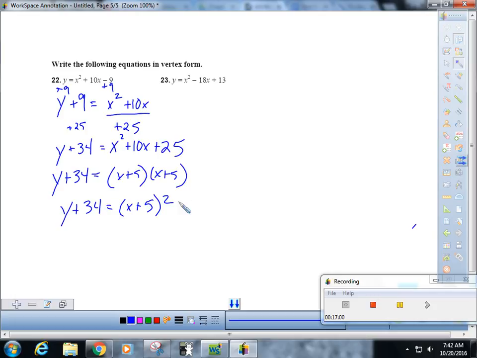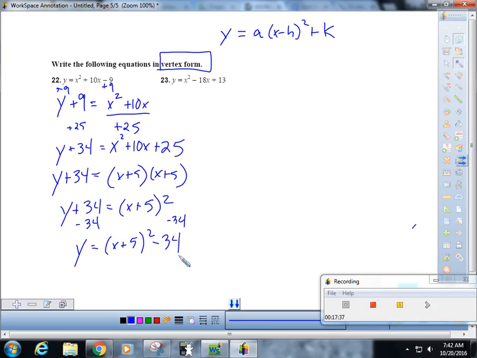Okay? Exactly. Very good. We want to write it in vertex form. Maybe you guys don't even remember what that is, but it's y equals a times x minus h squared plus k. Do you remember that? So now when we subtract 34 from both sides, you get y equals x plus 5 squared minus 34. And now we've got the answer done.